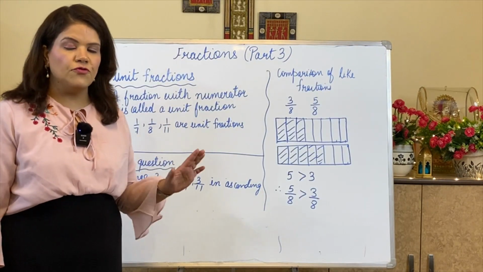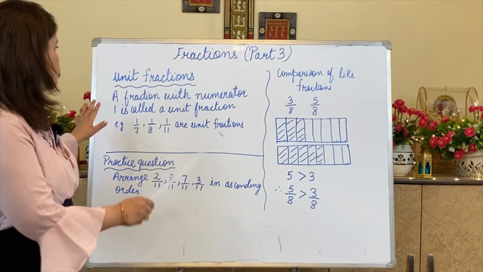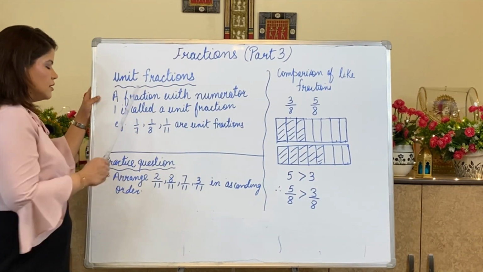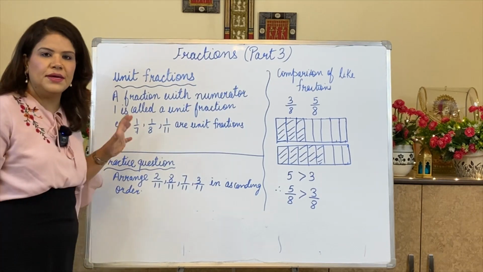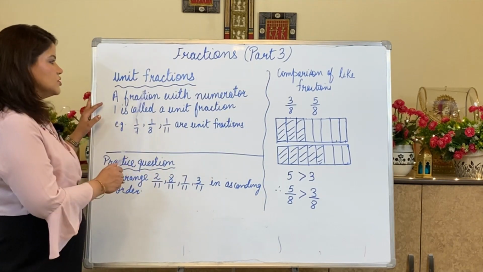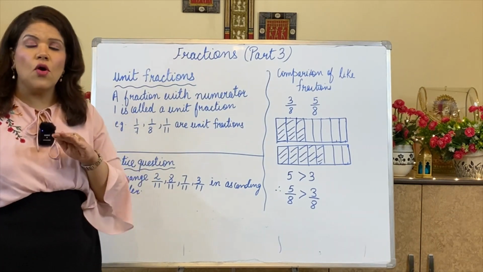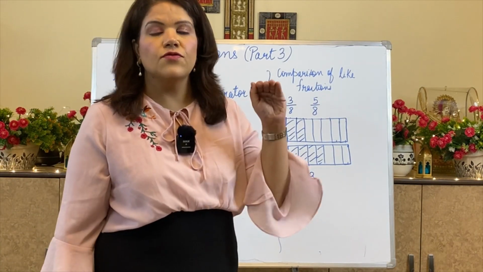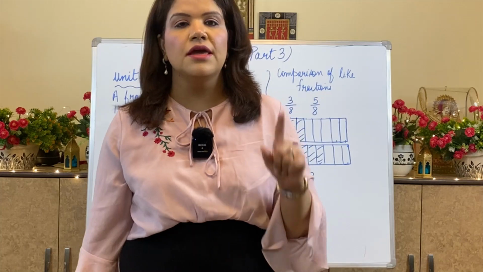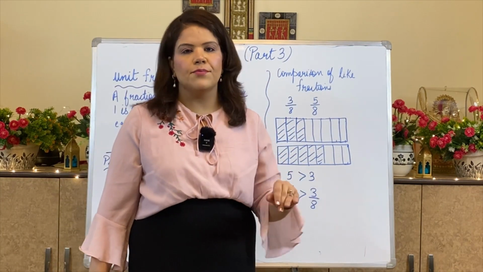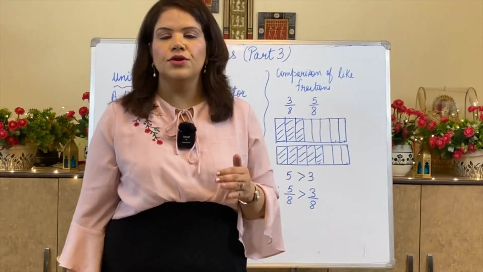The next type of fraction which I am taking is unit fractions. As the name says, unit means 1 will be its numerator. A fraction with numerator 1 is called a unit fraction. In all the fractions, if the numerator remains 1 and the denominator is changing, those types of fractions are known as unit fractions.